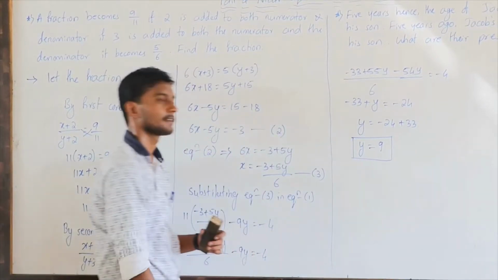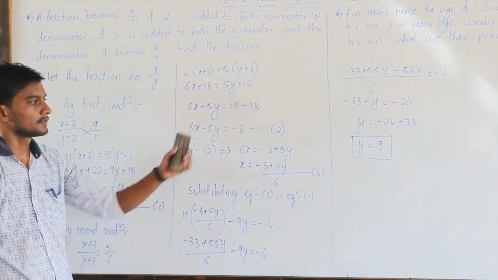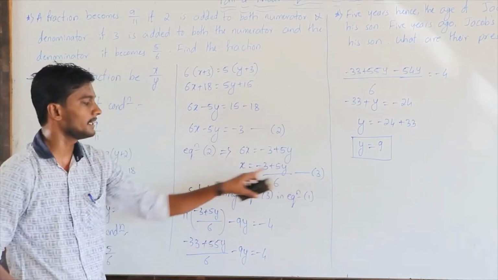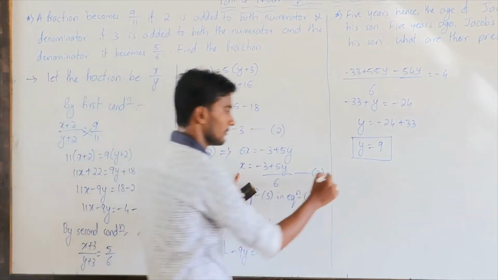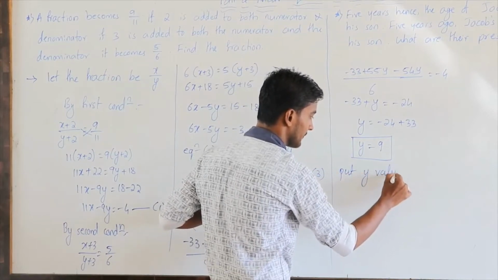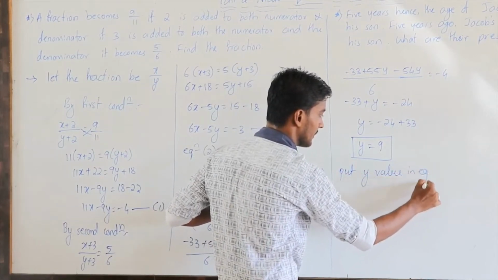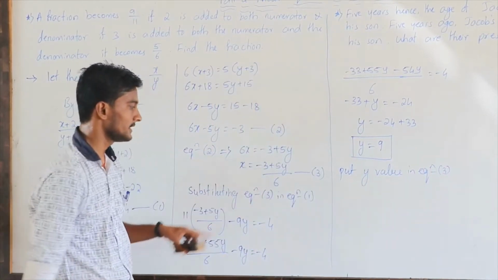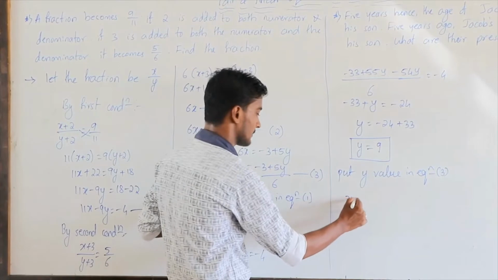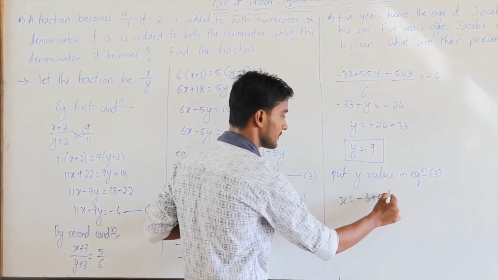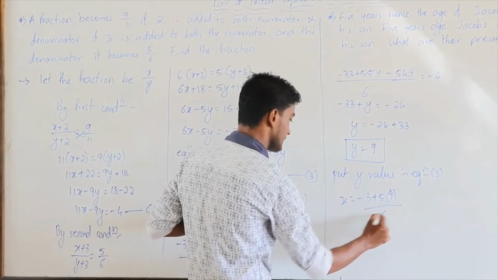The y value is 9. Next, we have to put that y value in equation number 3 to get the x value. Put the y value in equation 3. Equation 3 is x equal to minus 3 plus 5 into the bracket, y value is 9, whole divided by 6.